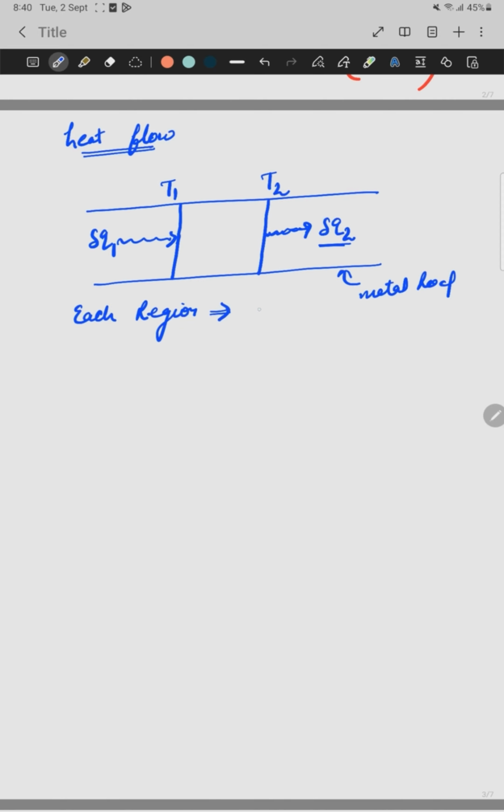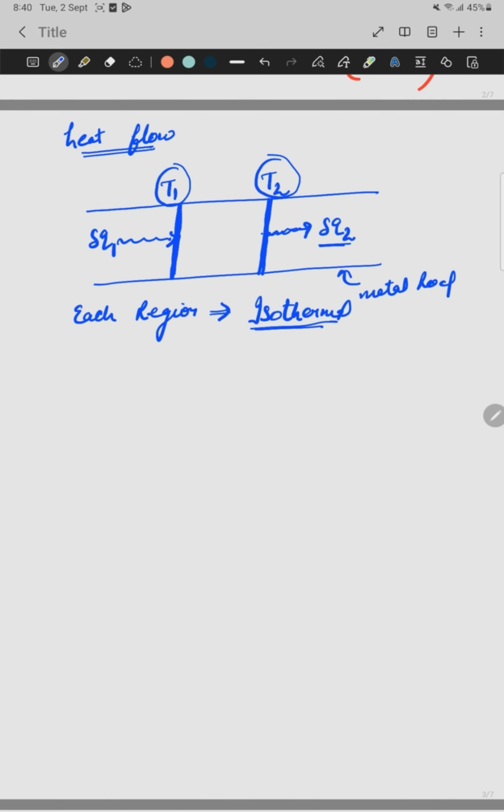You can say each region is isothermal in nature, that is, the temperature of each region is kept constant with time. So if at a particular time the temperature of the T1 region is T1 and the temperature of the second region is T2, then even after some time the temperature of both regions remains the same, T1 and T2.